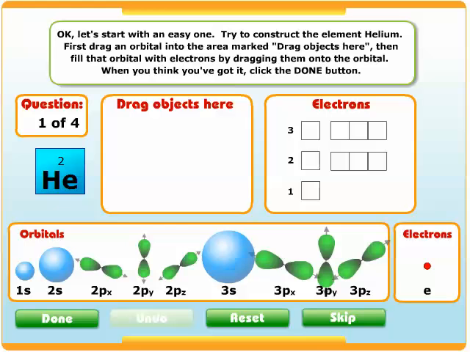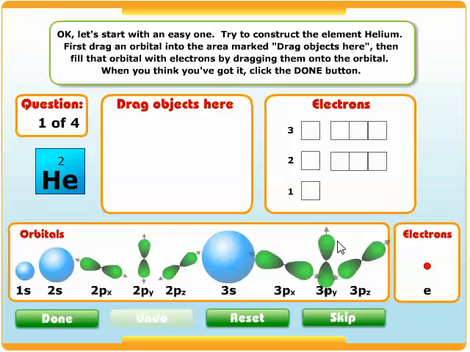And so what I'm going to do is I'm going to be dragging the orbitals, so 1s, 2s, 2p, 3s, and 3p into the box in the center. And I'll drag as many as I need to in order to fill up my orbitals for my particular atom, in this case helium.